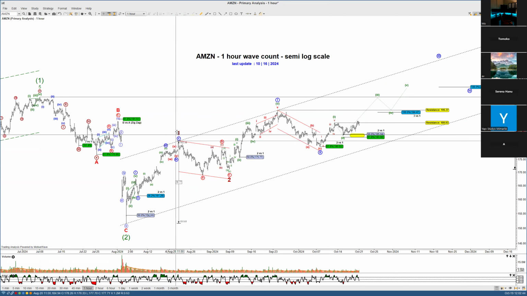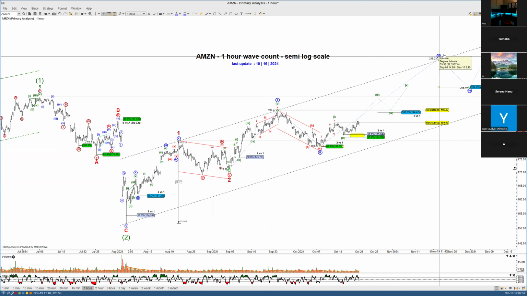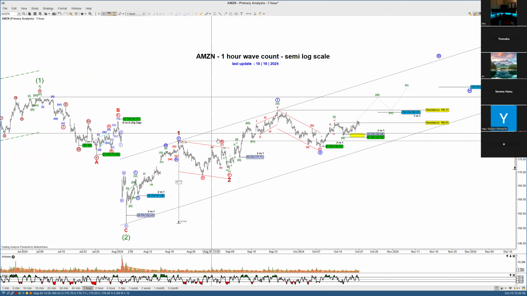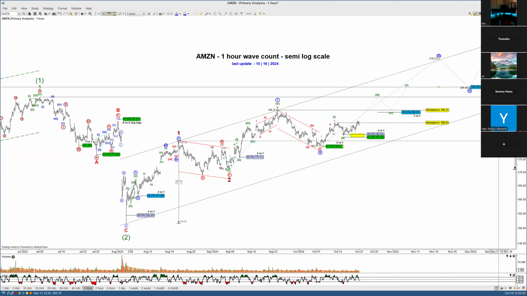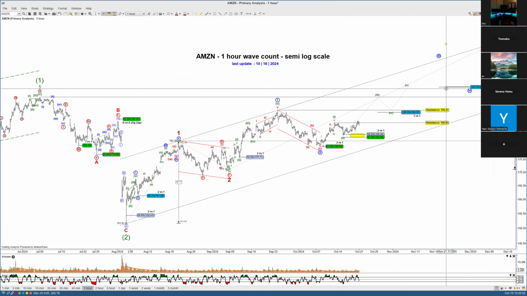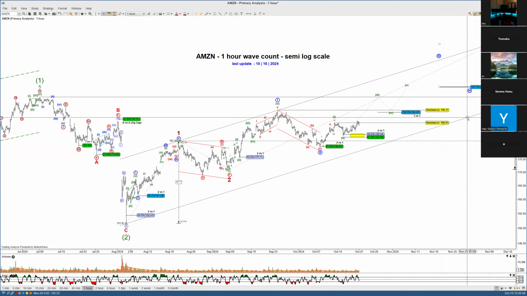We can count 5 up, 2 down. Now we need another 5, 2 to get to this 3. I don't know how this thing is going to shape up, but we can just look for these 200% two swing tops, which is right at 205. Amazon all-time high is 201.